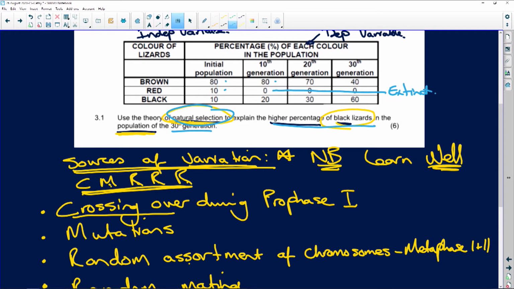The red color wasn't good, and we're going to say why now. The browns, we had 80 and then 10, and then 80 and then 20. And look here, the black steadily goes up and up and up. At this point, we have 70 and 30. But by the 30th generation, the black lizards are now more than the brown lizards, which means the black color is very favorable for the survival of these animals.